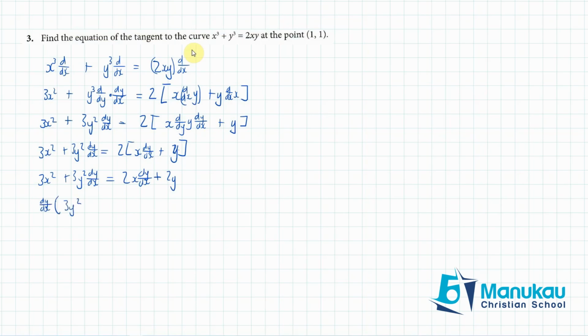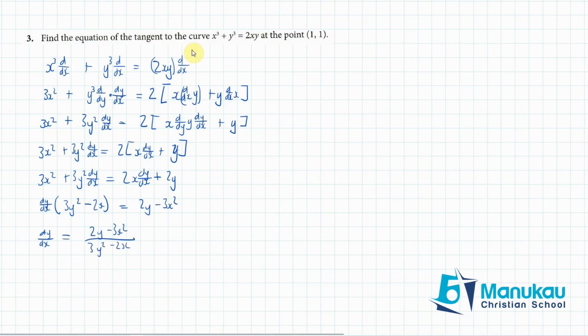So I'm going to get 3y squared minus 2x. Then I'm going to bring everything else to the other side, so it'll be 2y minus 3x squared. Last line, dy/dx is equal to 2y minus 3x squared all over 3y squared minus 2x.